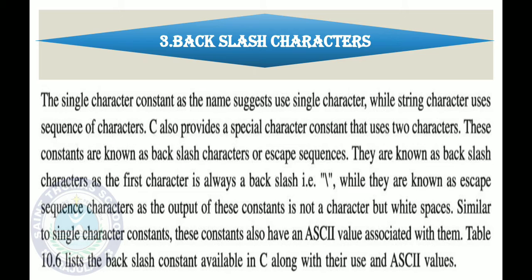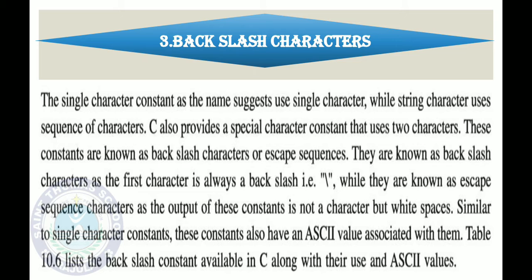Another name is escape sequence. Why is it known as an escape sequence? Because the output of this constant is not a character, but always a white space value. That is why it is known as an escape sequence.